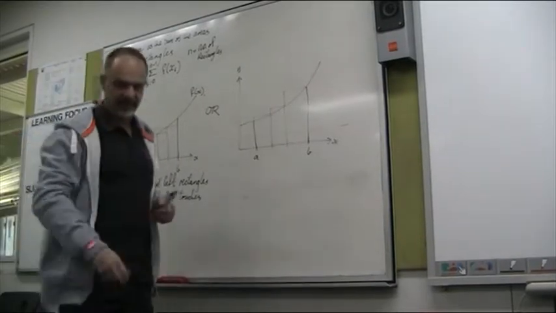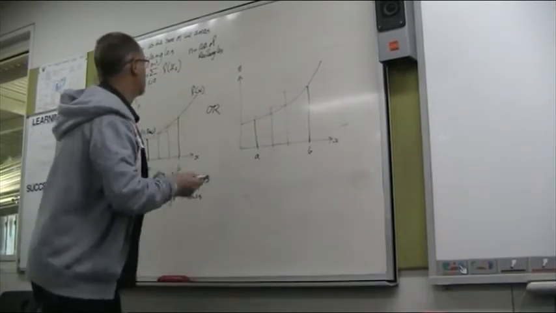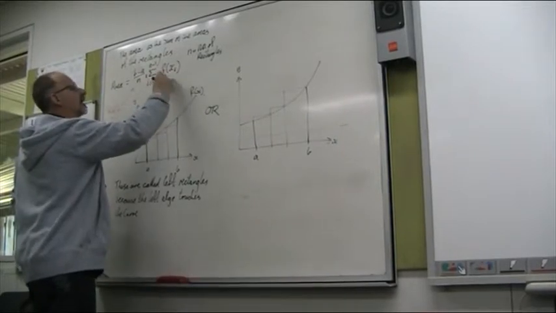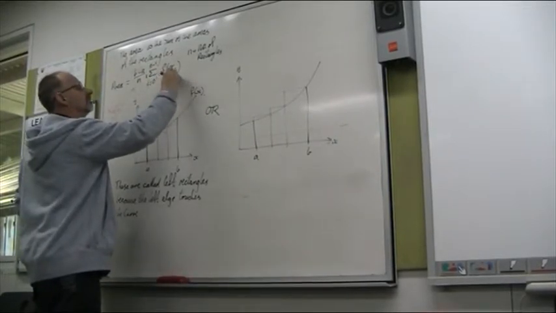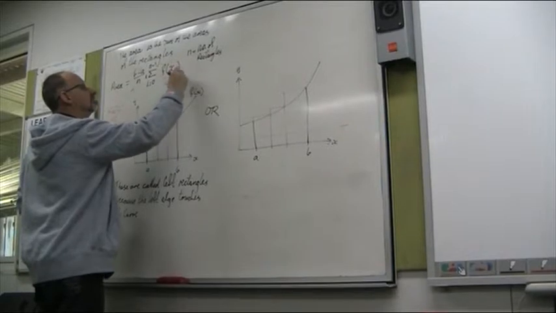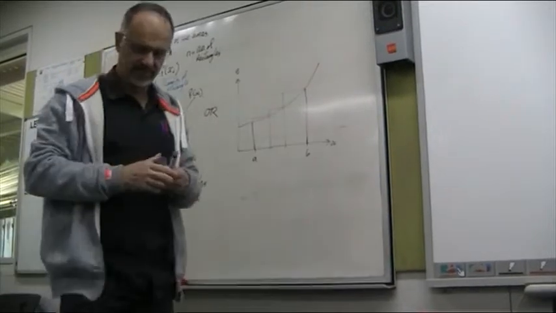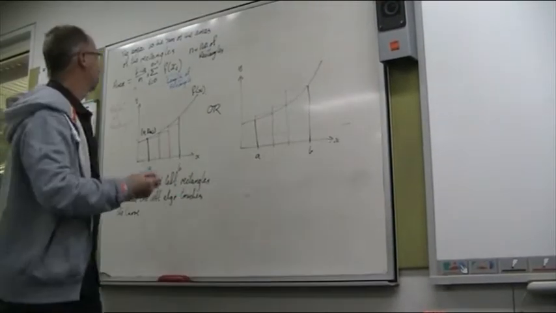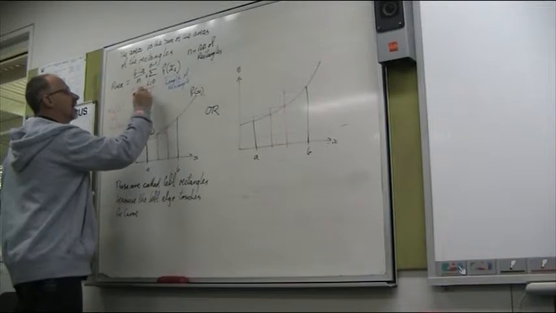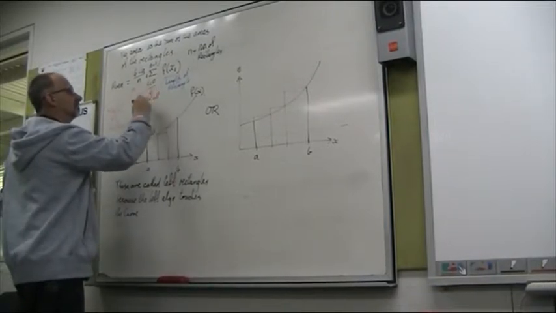Alright, so this bit here is the length of our rectangle. And the bit in the middle says add them up, add all your rectangles. And that f of x, is that another times?